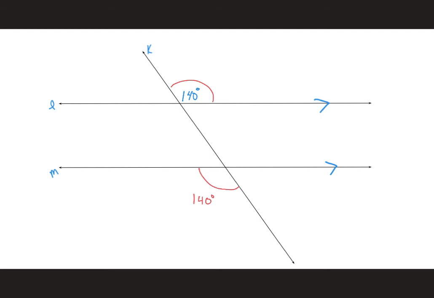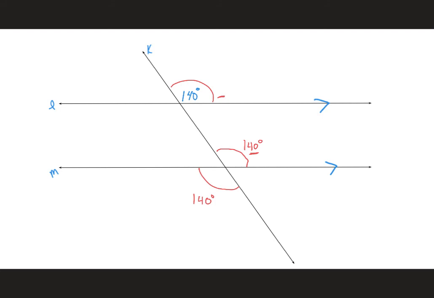Then I can use my vertical angles theorem or corresponding theorem to say that this angle right here is vertical with the 140 that I just solved. So this also has to be 140 degrees. And this angle right here is also corresponding to the original angle up on top. So that also has to be 140 degrees.